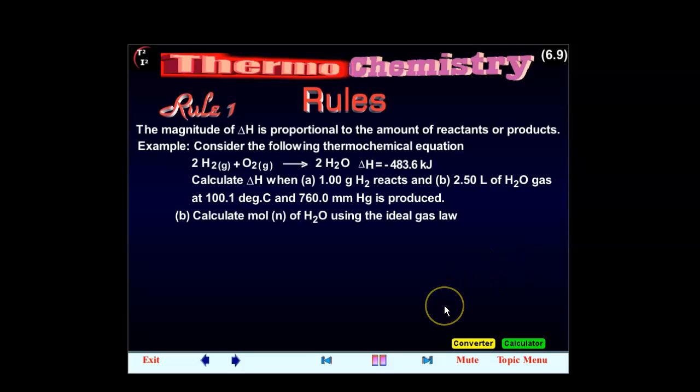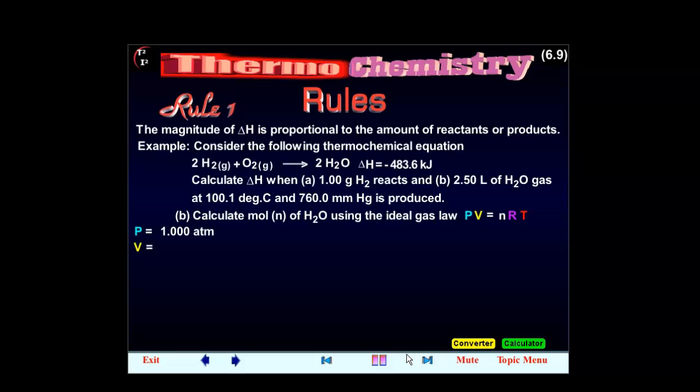B. Calculate moles n of H2O using the ideal gas law. PV equals nRT. P equals 760 millimeters mercury equals 1.0 atmospheres.